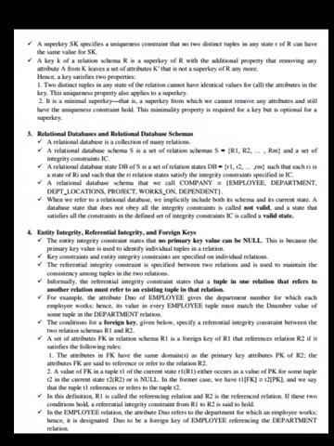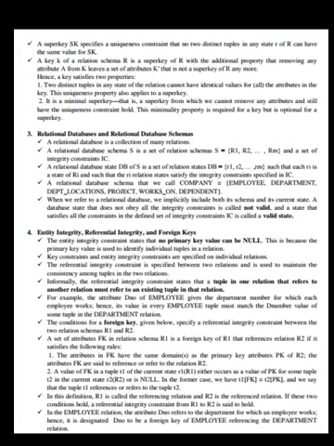A super key SK specifies a uniqueness constraint that no two distinct tuples in any state r of R can have the same value for SK. A key K of a relation schema R is a super key of R with the additional property that removing any attribute A from K leaves a set of attributes K' that is not a super key of R anymore. Hence, a key satisfies two properties.